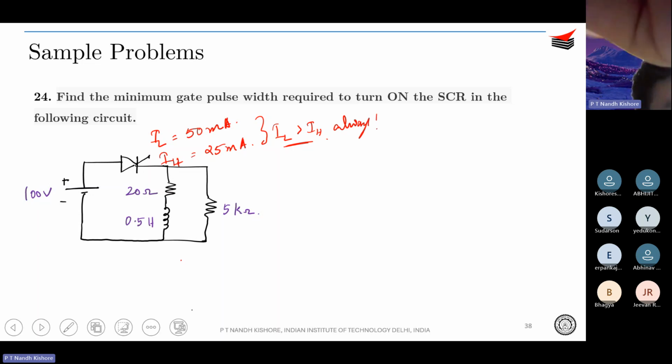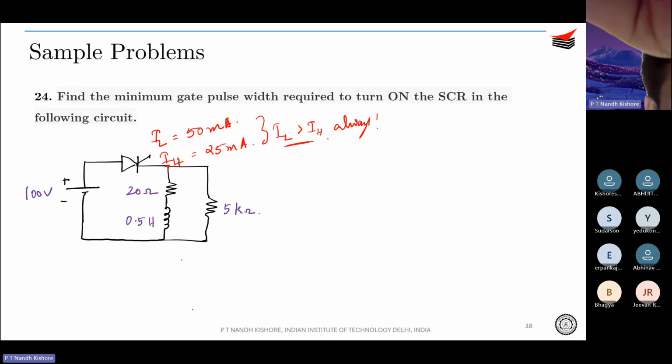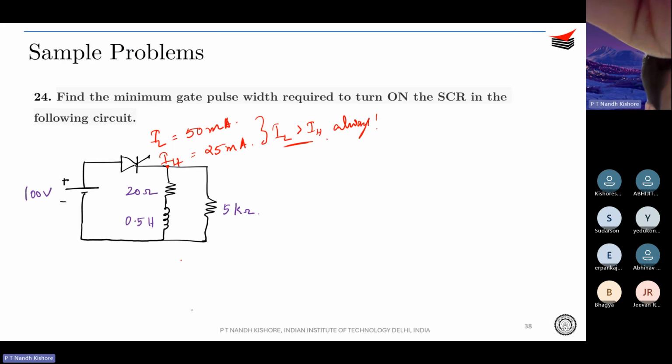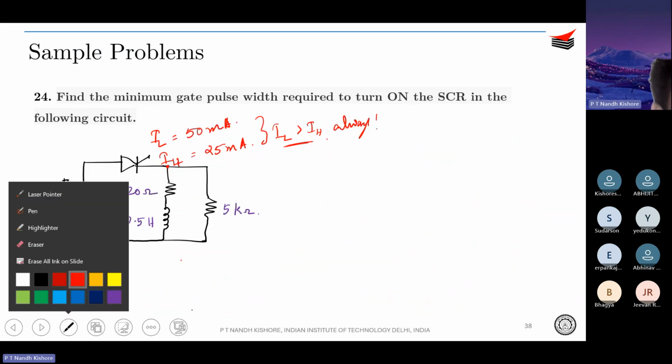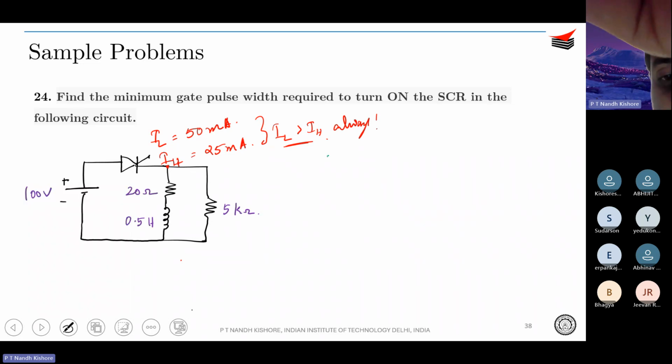So how can you write this? If you apply KCL over here, what happens? Your IL can be written as this current plus this current.